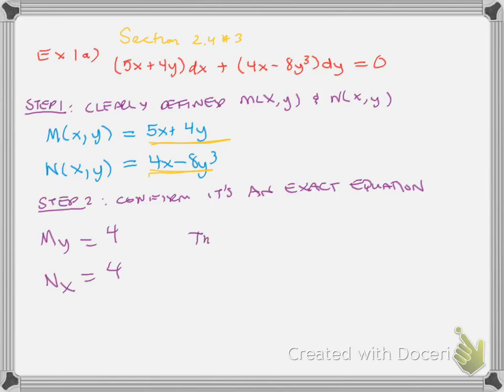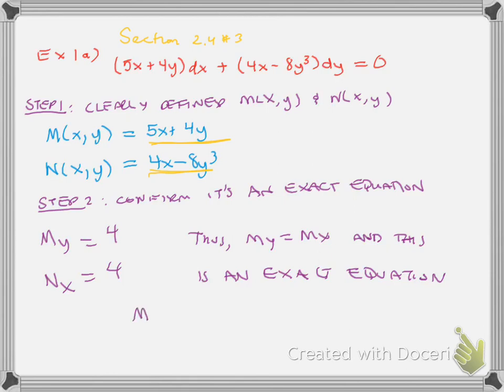Thus M_y equals N_x, and this is an exact equation. What that tells us is that M(x,y) equals 5x + 4y, and N(x,y) equals 4x - 8y^3.